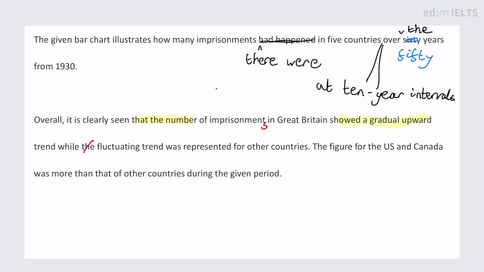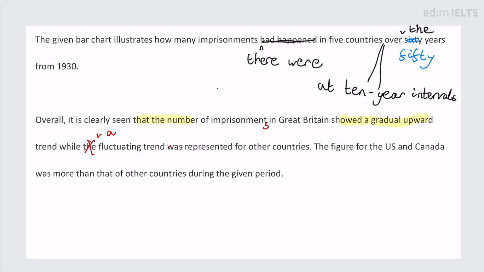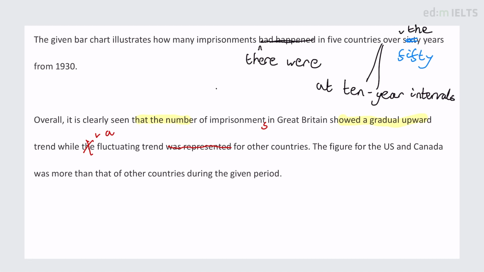No reason for the in the next part. Oops, my apologies. Resting my arm on the keyboard there. While a fluctuating trend, what's represented is not right. We can say that the annual number of imprisonments are represented in the graph, for example.